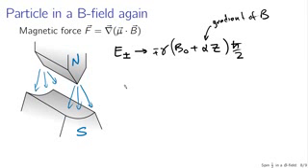If you work out what the time evolution factors look like, they look like something like e to the plus or minus i E t over h bar, as before.